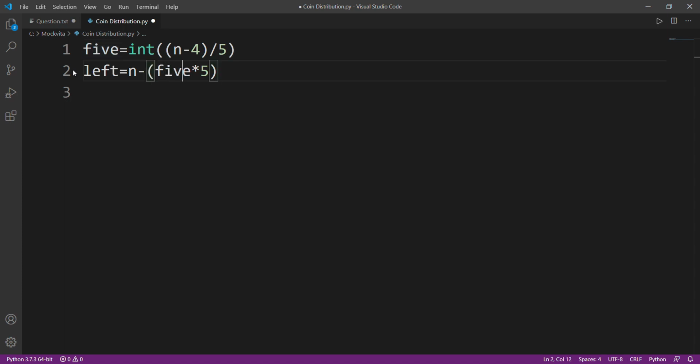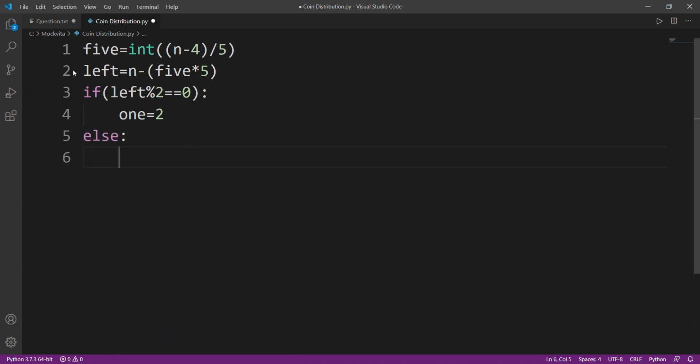This will be my value that will be left. And if this value is divisible by 2, then the number of 1s should be equal to 2. Otherwise, the number of 1s should be equal to 1.